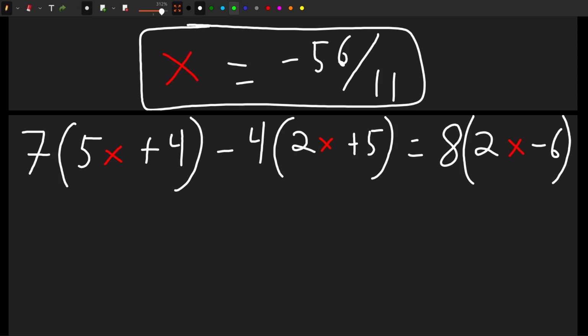Okay, I'm going to plug in negative 56 over 11 in for x.